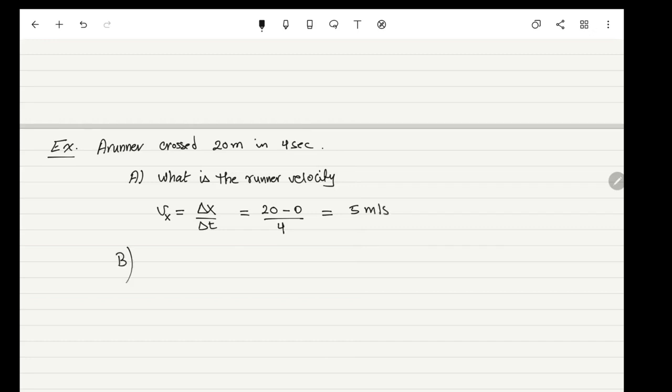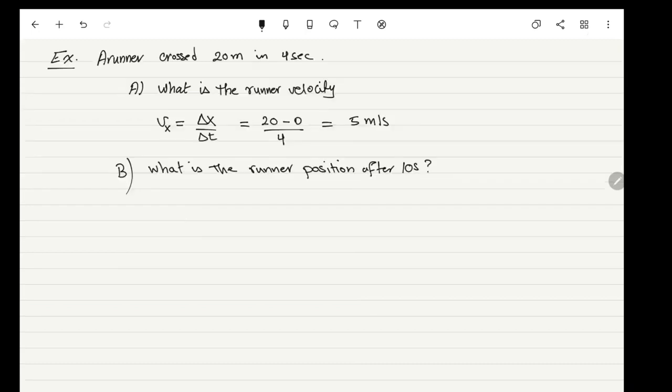If the runner continues his motion after the stopwatch is stopped, what is his position after 10 seconds? Now, the final position here equal to the initial position plus v initial x t plus half a t square.